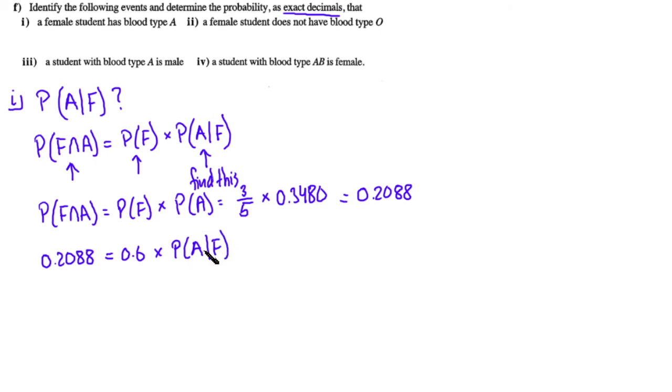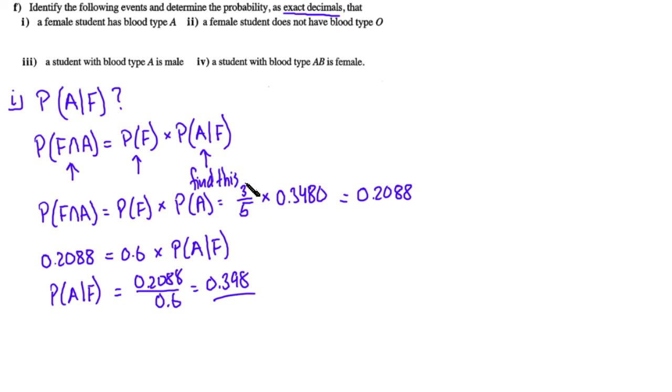Now we just solve it for this. So the probability of blood type A given female is going to be 0.2088 divided by 0.6. All right, and if we divide those two numbers, we're going to get 0.398.